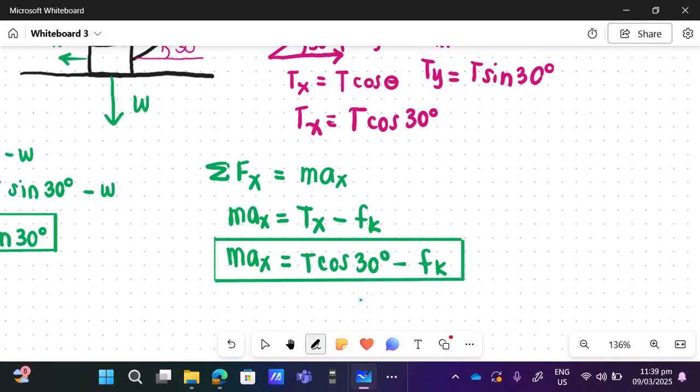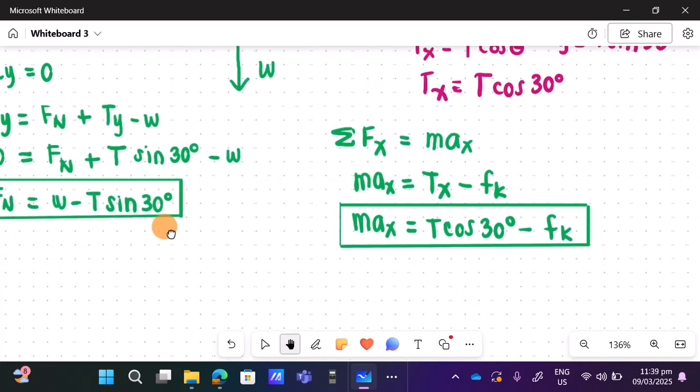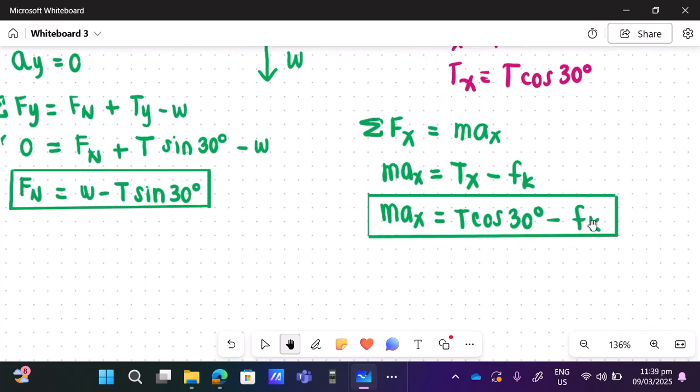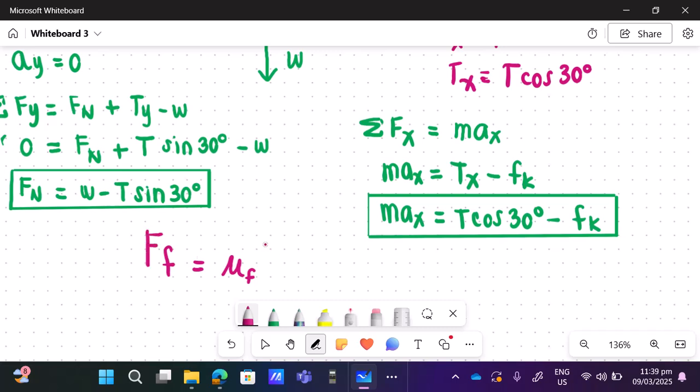Okay, now how do we relate normal force and friction? Normally, they are expressed as the magnitude of the force due to friction is equal to the coefficient of friction times the magnitude of the normal force.